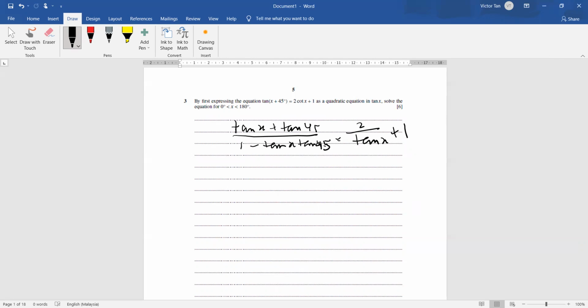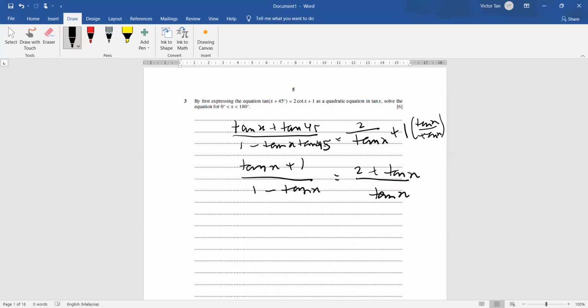Okay, tan 45 is 1, so tan x plus 1 over 1 minus tan x equals 2 over tan x.